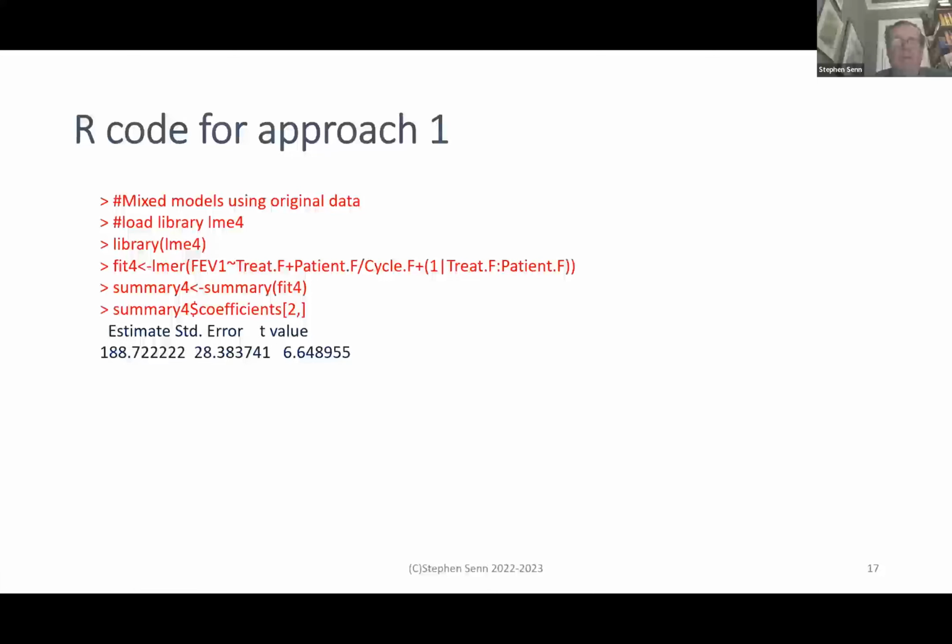So this is the R code for approach number 1. I'm sure many of you are much more competent in modeling with R than I am. I'm using the lme4 package, which I think is the Pinheiro and Bates package for mixed models.